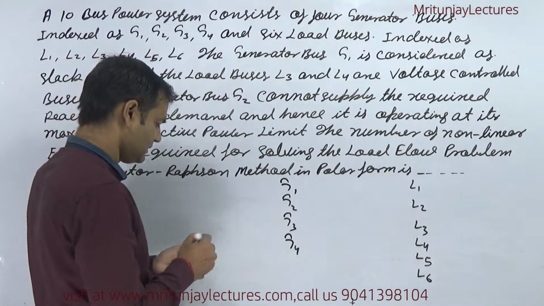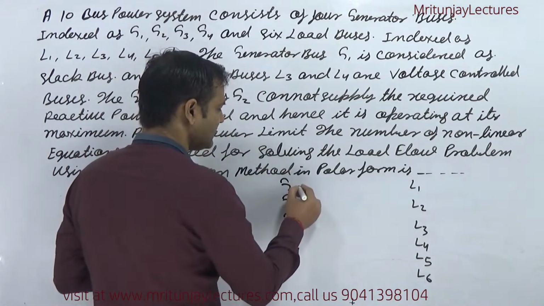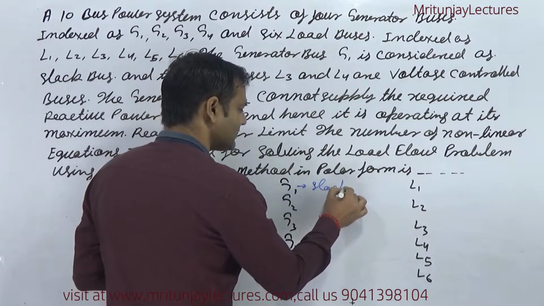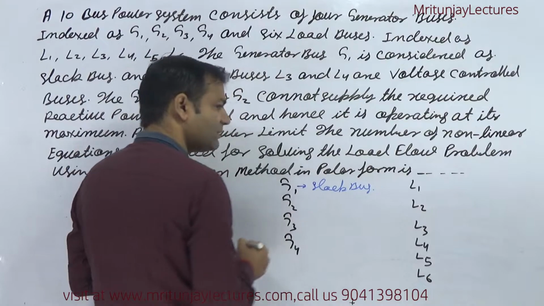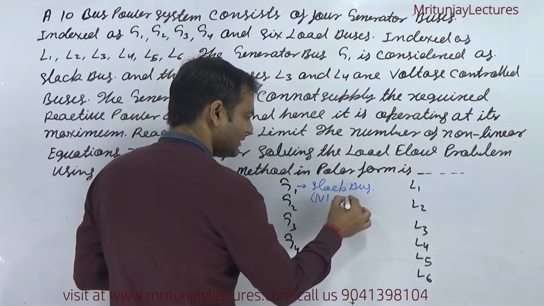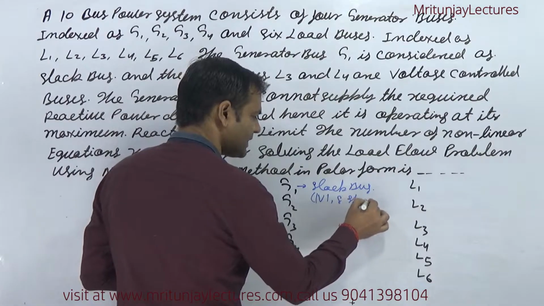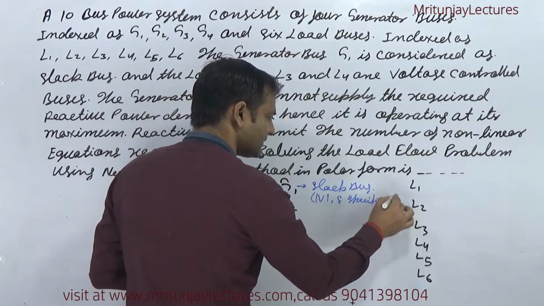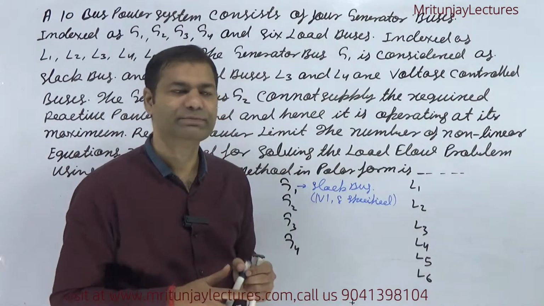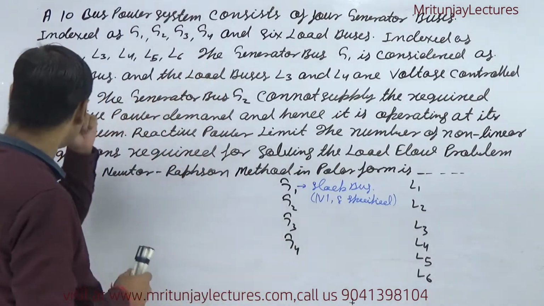If this bus is considered as slack bus, what do you mean by slack bus? It means V and delta are specified. Clear or not? Next line.